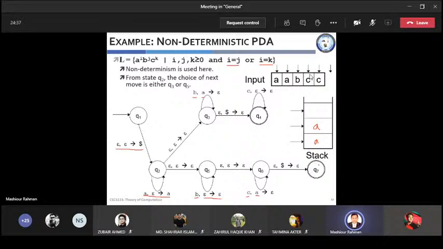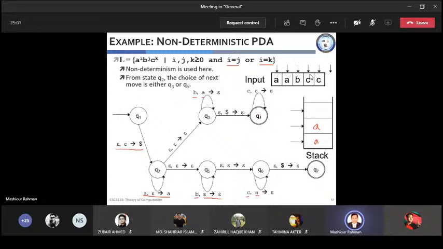So we will be at Q7 and we will accept it. For this particular input, the lower branch, that is Q2, Q5, Q6, Q7, will be chosen and this will give us the answer that it is accepted. If it was aa, bbc, then it would have taken the branch Q2, Q3 and Q4.